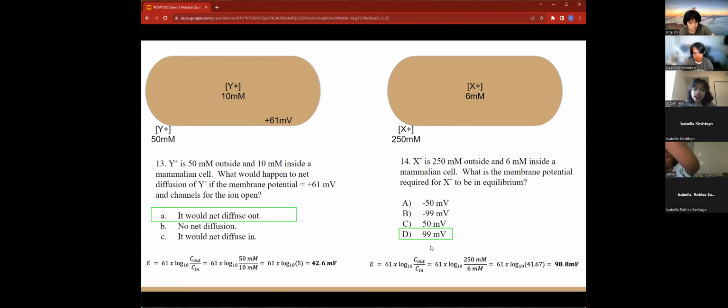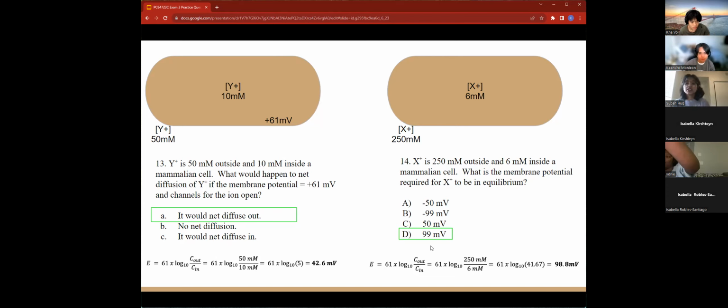For that to happen, it would need to lose positive charge. Since Y is a positively charged ion, when it leaves the cell, it leaves behind a negative charge, and that's going to drop the membrane potential. So it would end up diffusing out of the cell.